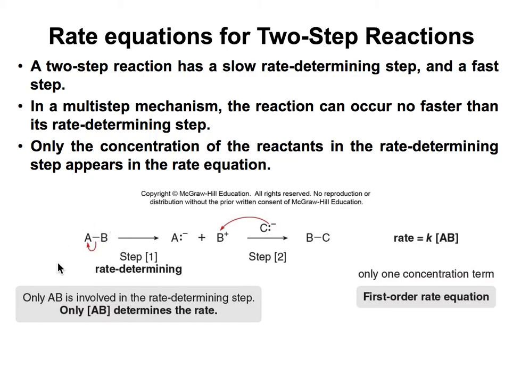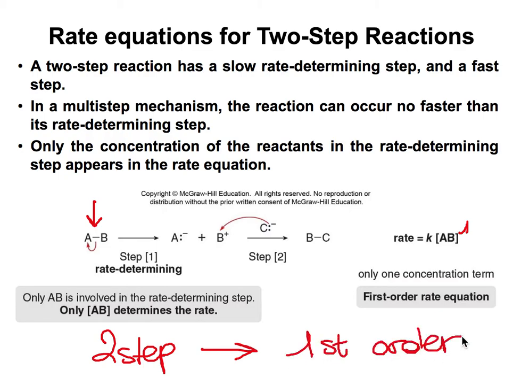So even though this is a reagent and this is also a reagent, that second part does not matter so much, because the rate determining step is just the first one, and so the rate will be determined only by the concentration of this reagent right here. So the rate for a two-step reaction will be 1, because only that reagent will matter. So for a two-step reaction, the rate determining step makes this a first order reaction.